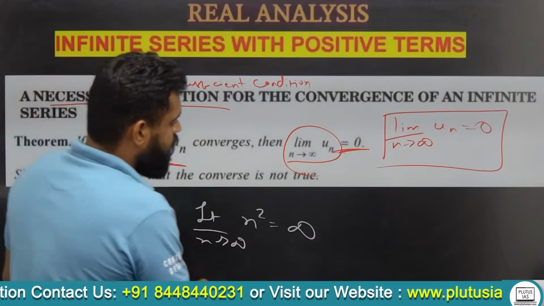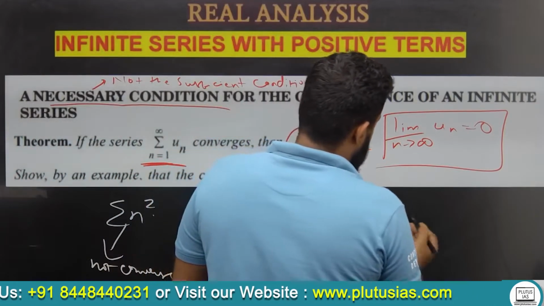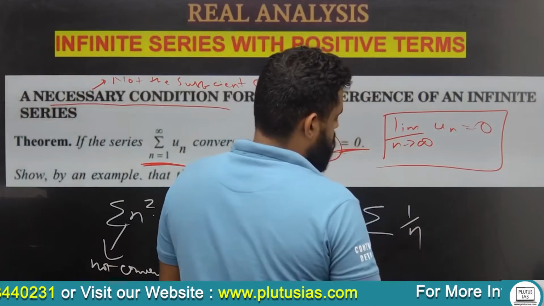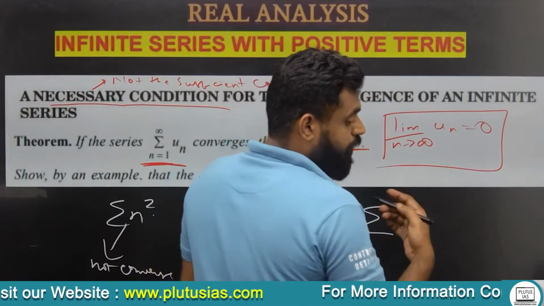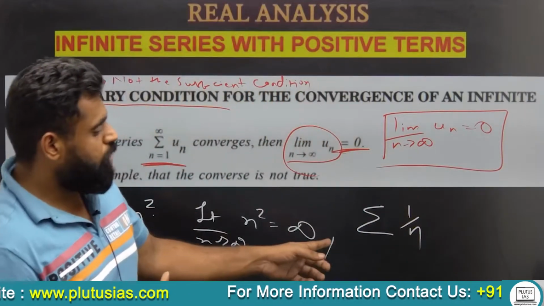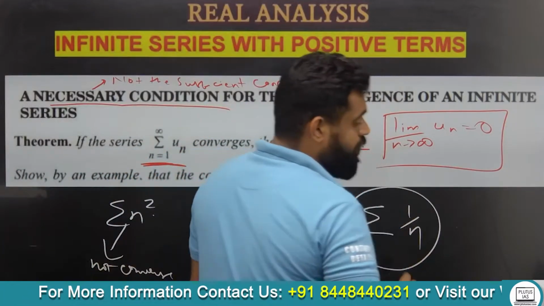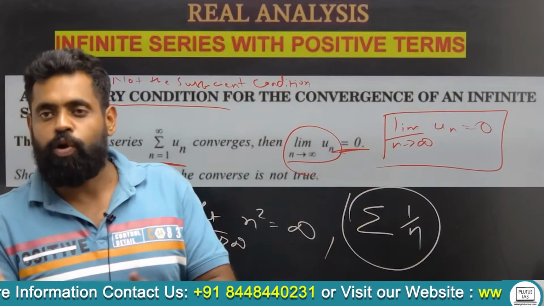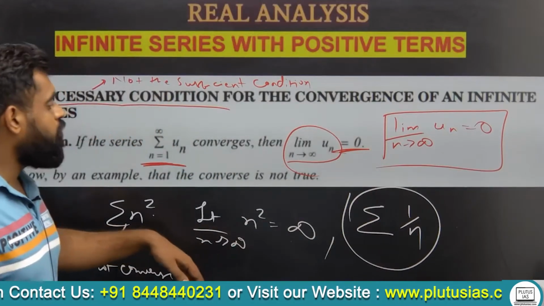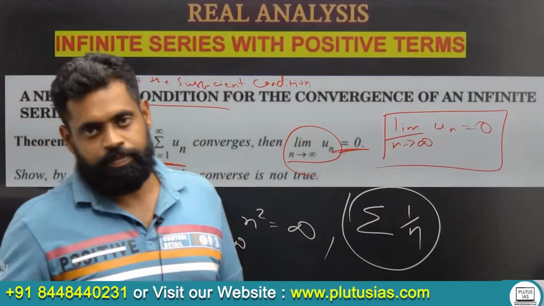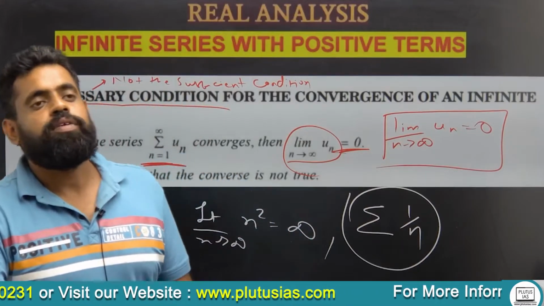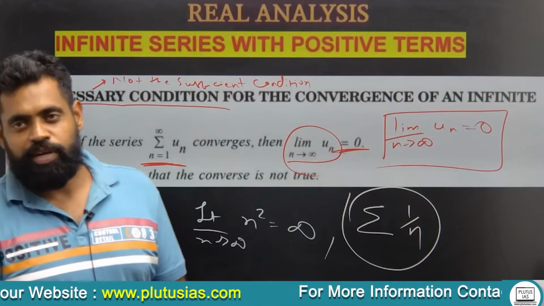But in case of 1 upon n, if you take limit n tends to infinity, the un would here be 0. That doesn't mean that this would converge definitely. This means that it may converge, it may not converge. But if it is not equal to 0, it is definitely divergent. So it is a test of checking whether it is divergent or not.